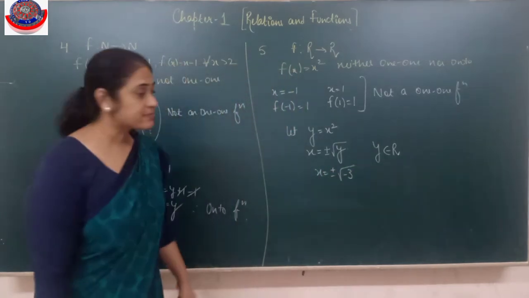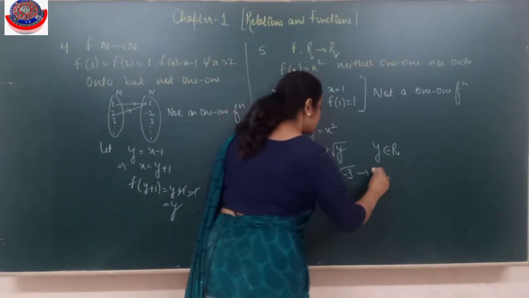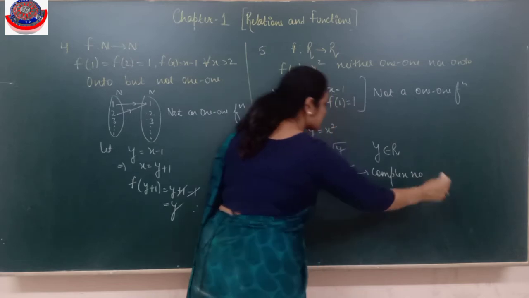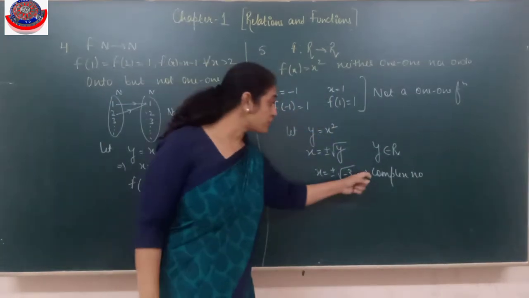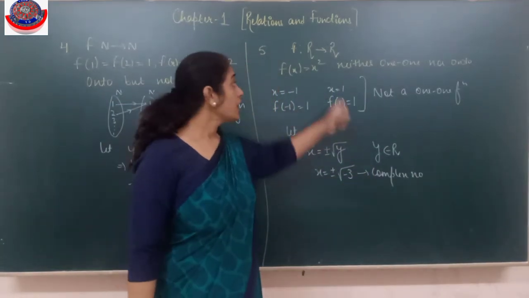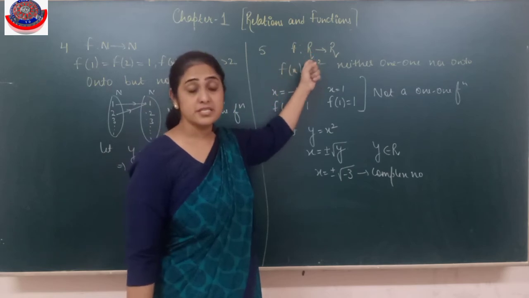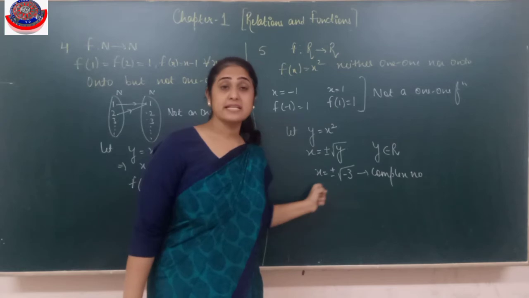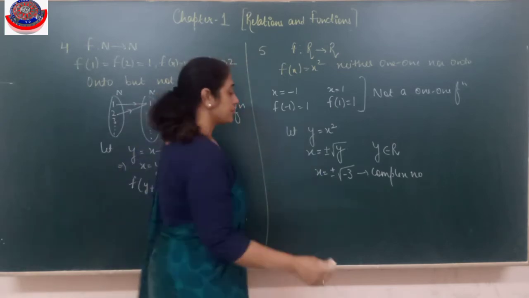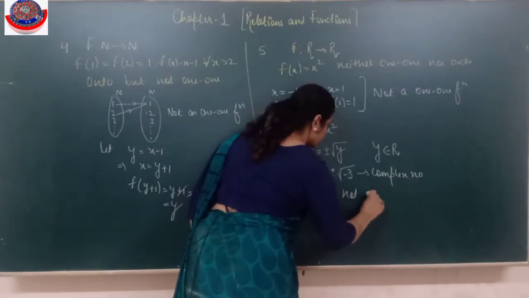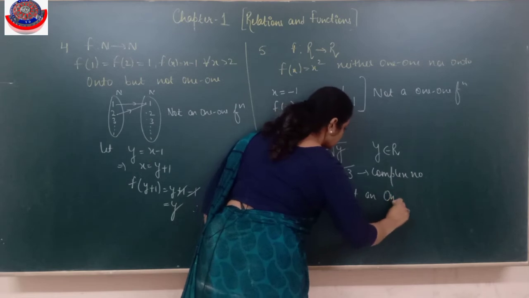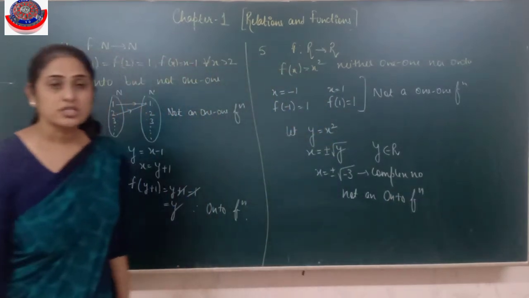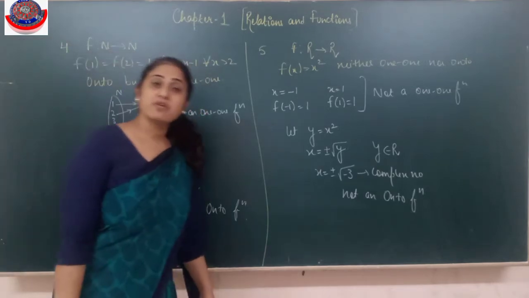If I take y as minus 3, it has become a complex number. That means for y equal to minus 3, there is no real number in the first set, because x in the first set is a real number, not a complex number. So it is not an onto function. I hope it's clear to everyone.